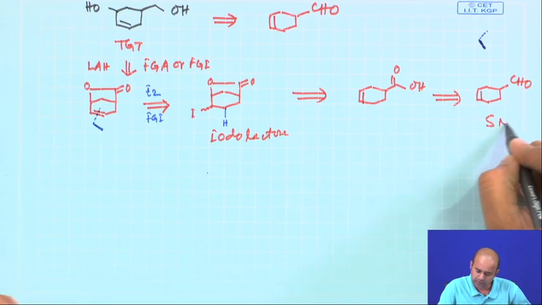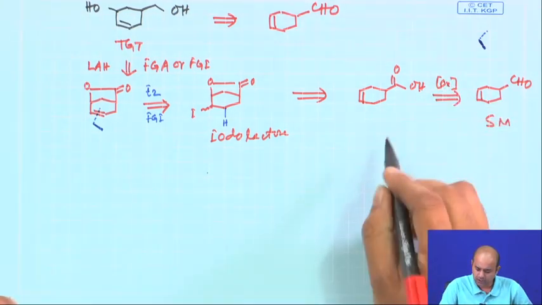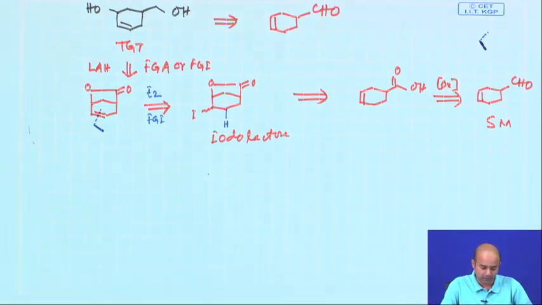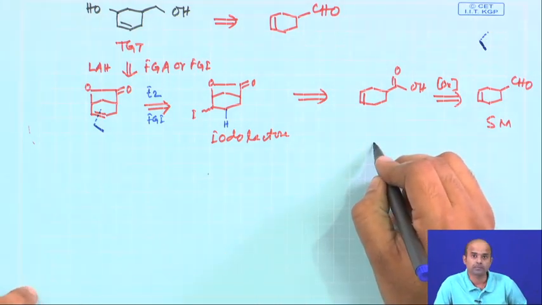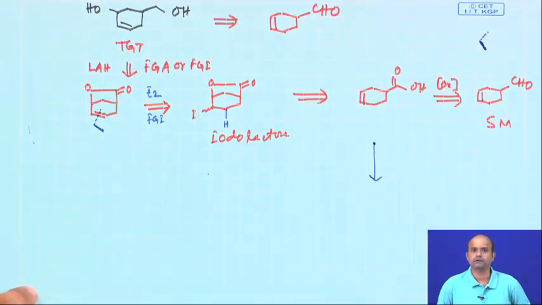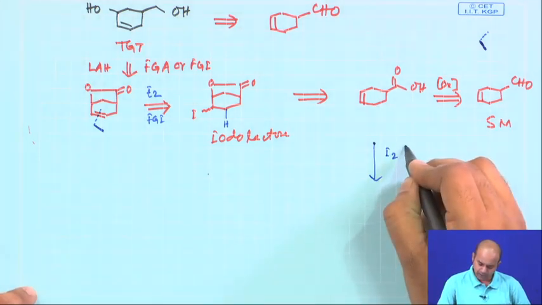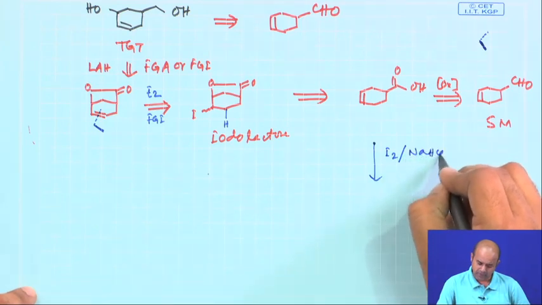So, this is your starting material, you do an oxidative transformation here to convert it to the corresponding carboxylic acid. Now, once you have this carboxylic acid, it will follow the forward path. You subject this carboxylic acid to iodine and sodium bicarbonate.